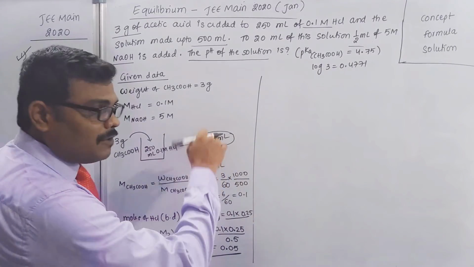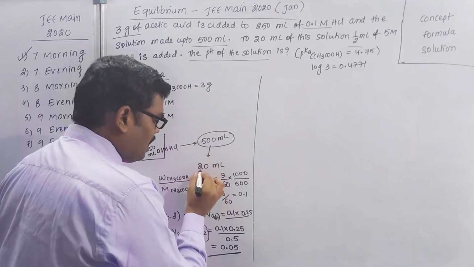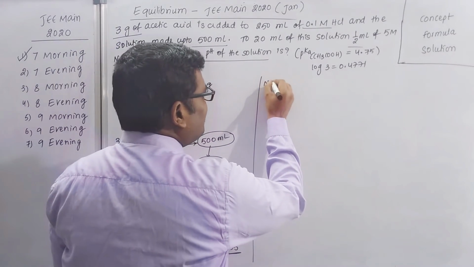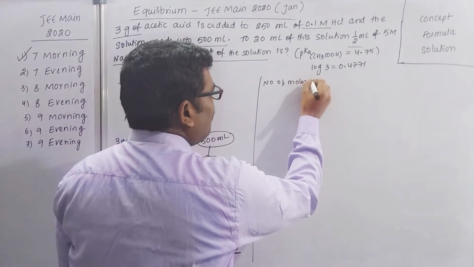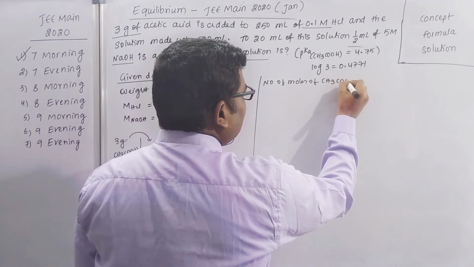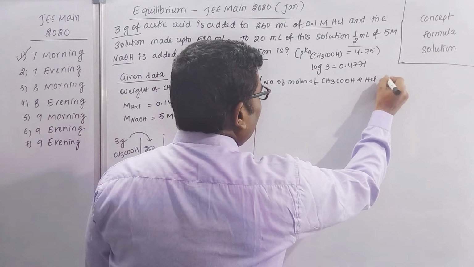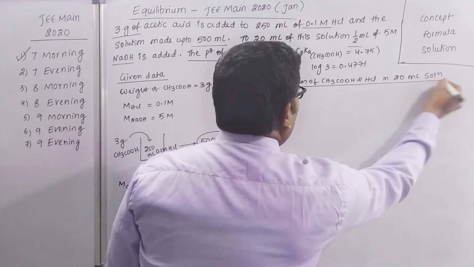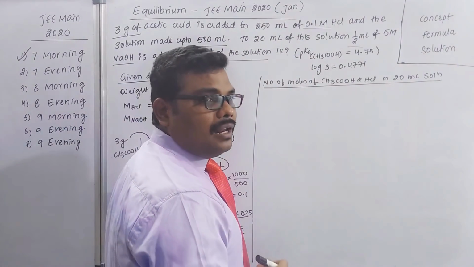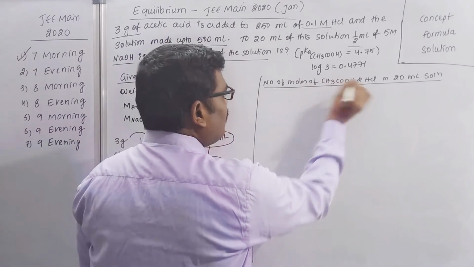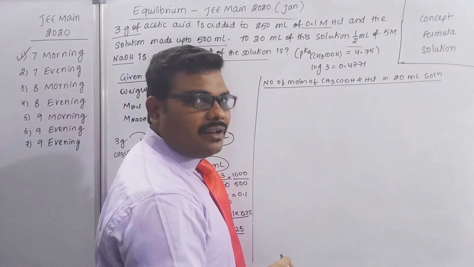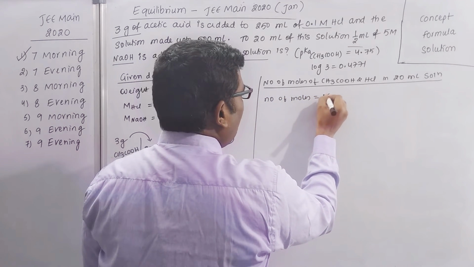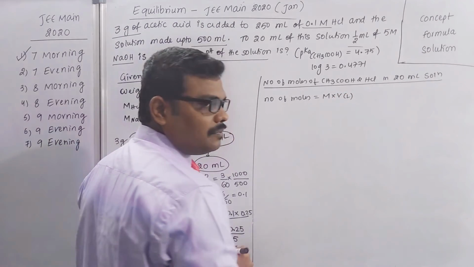Now we are not using 500 ml of the solution. From the 500 ml, we are taking only 20 ml. Then we can calculate the number of moles of acetic acid, CH3COOH, and HCl in 20 milliliters of solution. To calculate the number of moles, we have a direct relation: number of moles is equal to molarity into volume in liters.